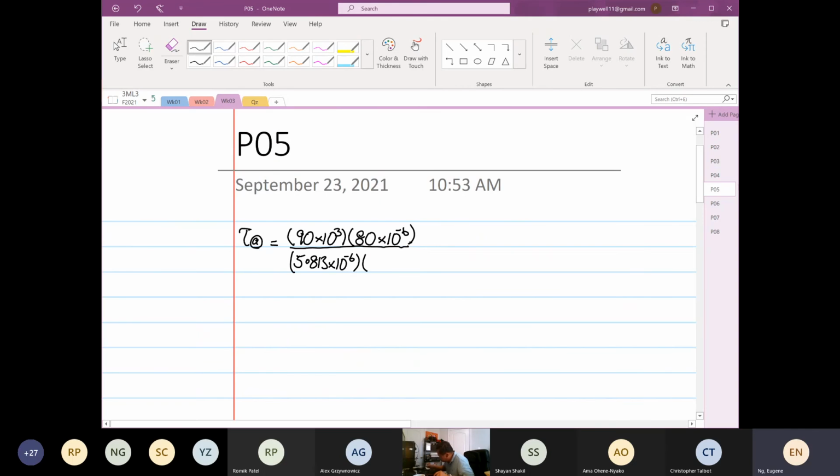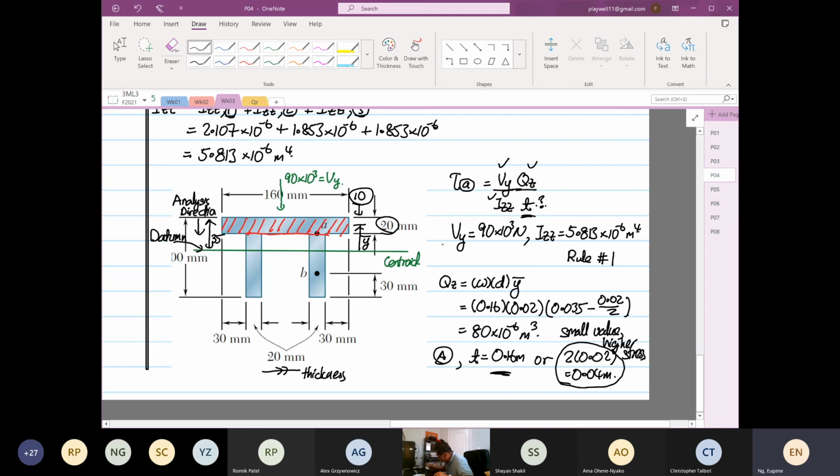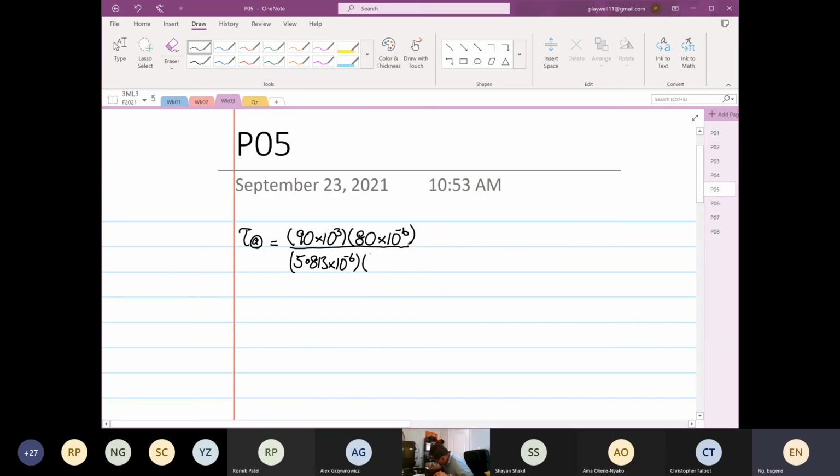And then the thickness, because the thickness is with the left and right, is equal to 0.04. So this is equal to 90 power 3 times 80 power minus 6 divided by 5.813 power minus 6 divided by 0.04.